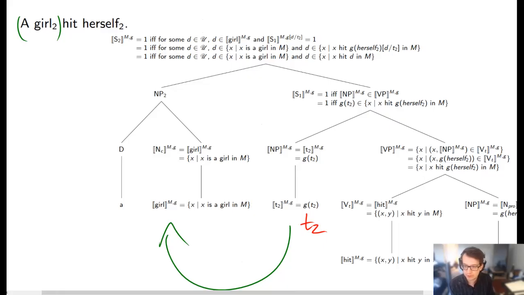We have a girl 2, so I'm using T2 for the trace, and I'm using NP2 when we do movement. Because at this point, the numbers are predefined, and the numbers have meaning. If I don't give you numbers on the quantified noun phrases, you can pick whatever numbers you want. But when we have pronouns involved, the numbers are predefined and they're important. So we have to keep those the same.